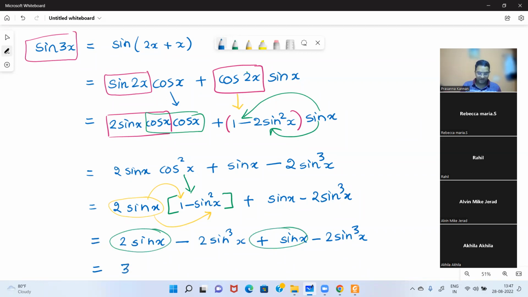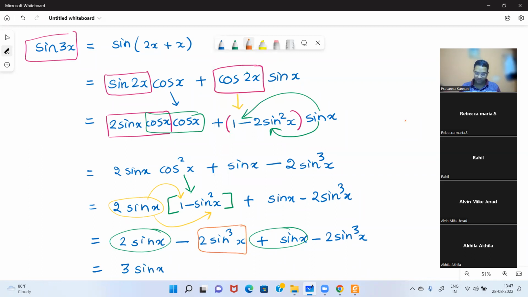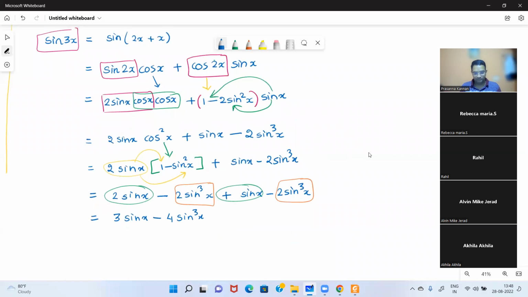Yeah, I have 3 sin x minus 2 sin cube x minus 2 sin cube x. How much? Minus 4 sin cube x. This is the expression for sin 3x. So sin 3x is 3 sin x minus 4 sin cube x.